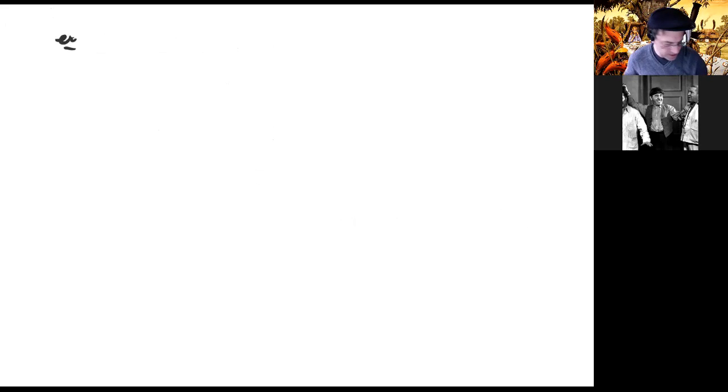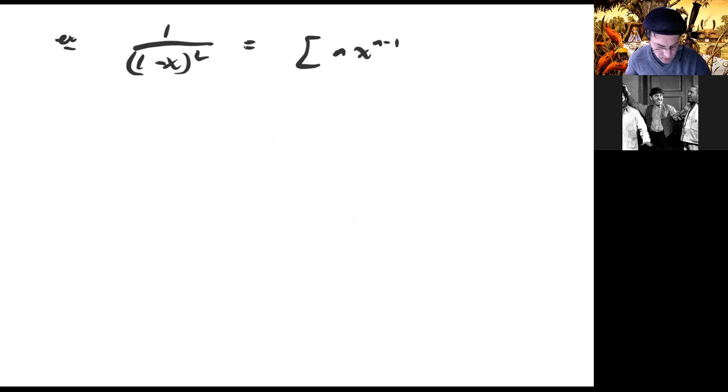Let's take what we just did and differentiate it again. So we have 1 over 1 minus x squared, which we saw in the previous example is the summation of n x to the n minus 1, going from 1 to infinity. Let's differentiate again. If we differentiate the left side, we can think of this as 1 minus x to the minus 2.